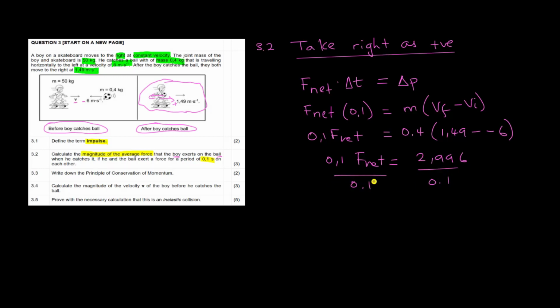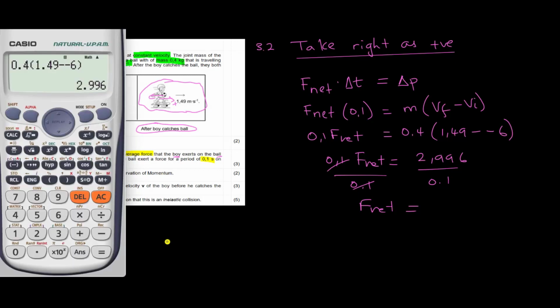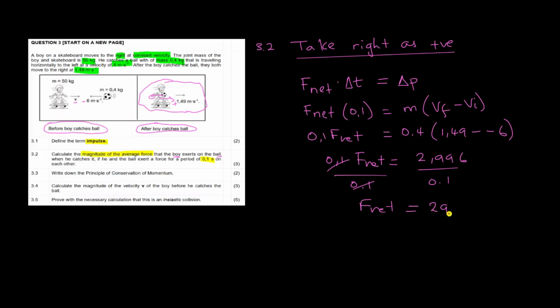It means our F net is equal to that answer divided by 0.1. We get 29.96 newtons. So this particular force is the force of the ball on the boy, which is the same thing as the force of the boy on the ball. So there we have the force.